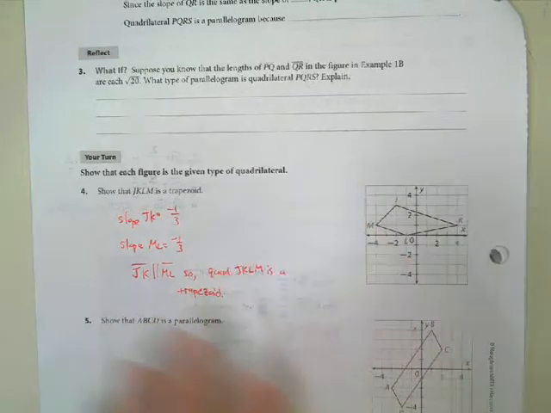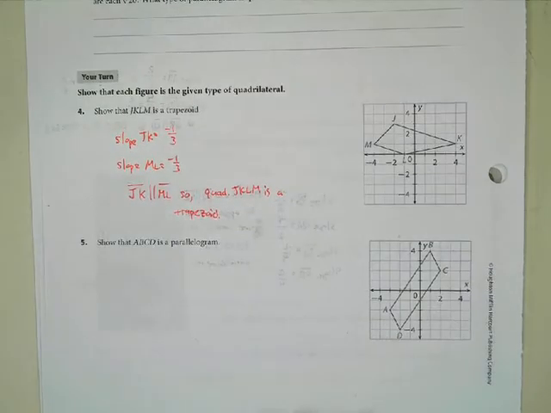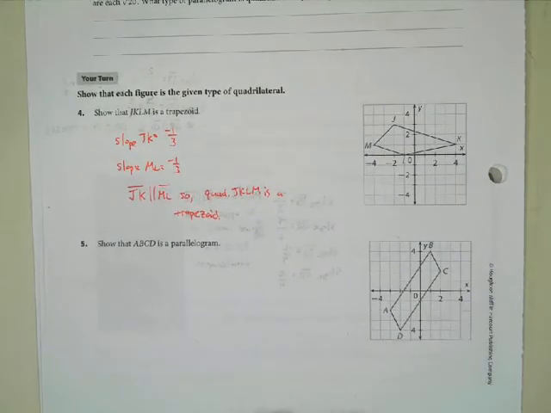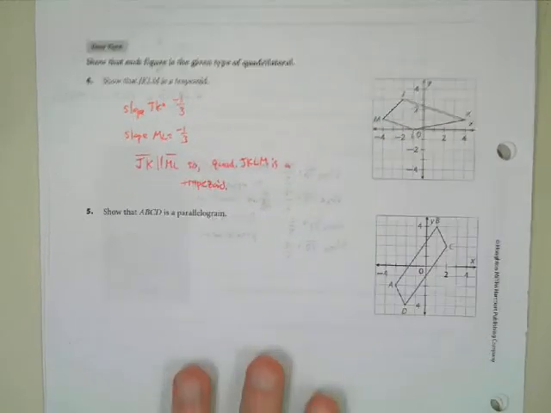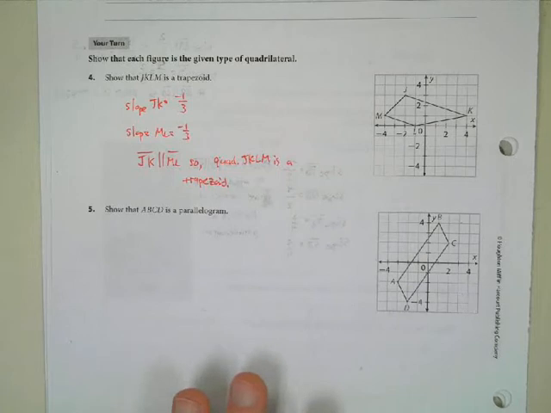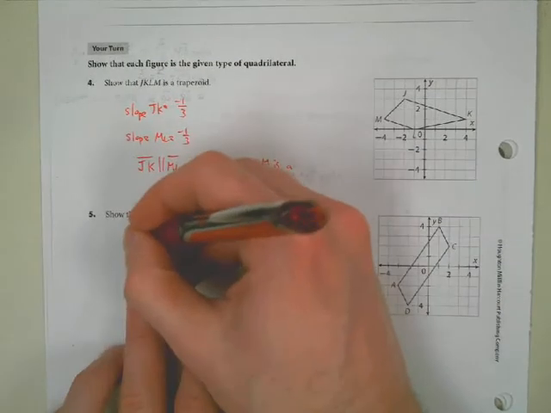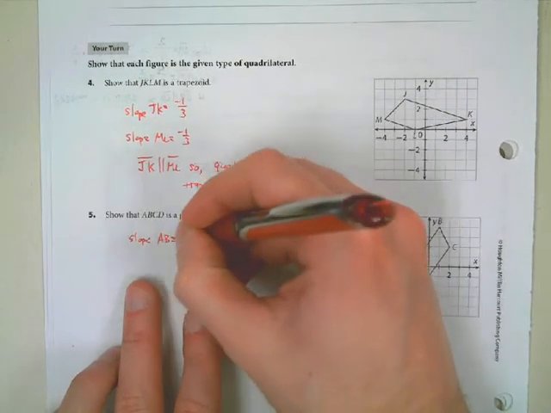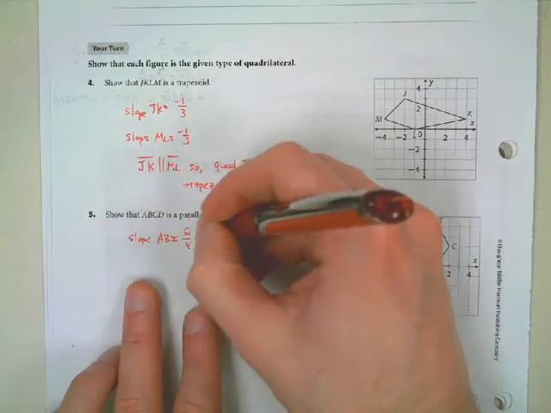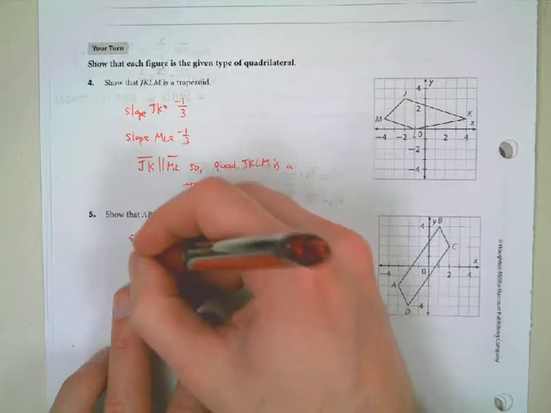Cool. All right, and Shannon is not here. Drew, number 5. Is it a parallelogram? Yes. Did you use the slope method here as well? So, slope of AB, what did you get? 6/4, and then I simplified it to 3/2. Okay, good idea. And the slope of BC?